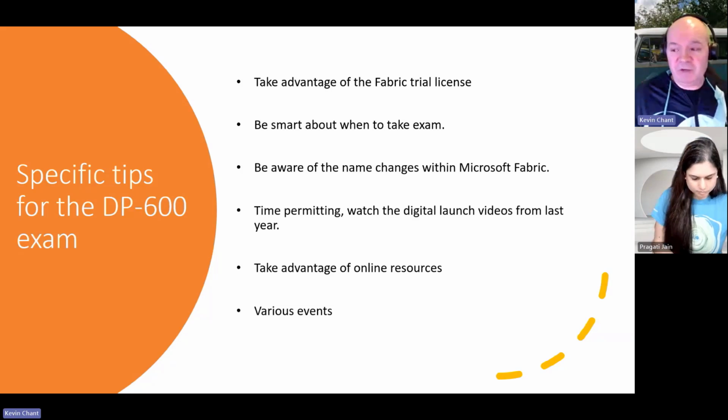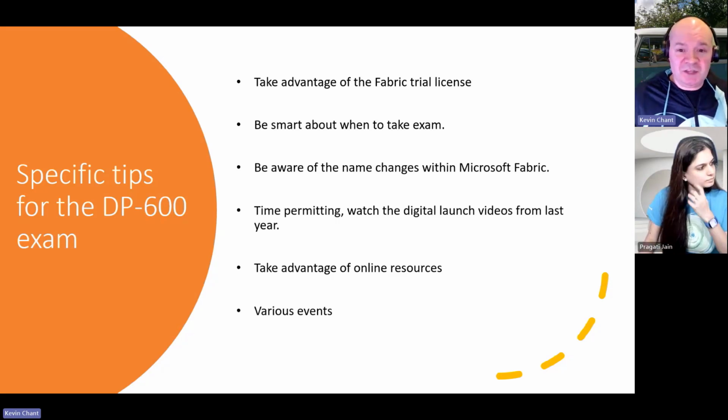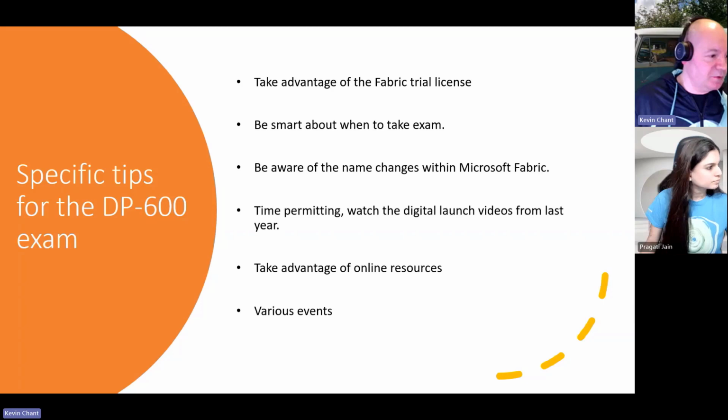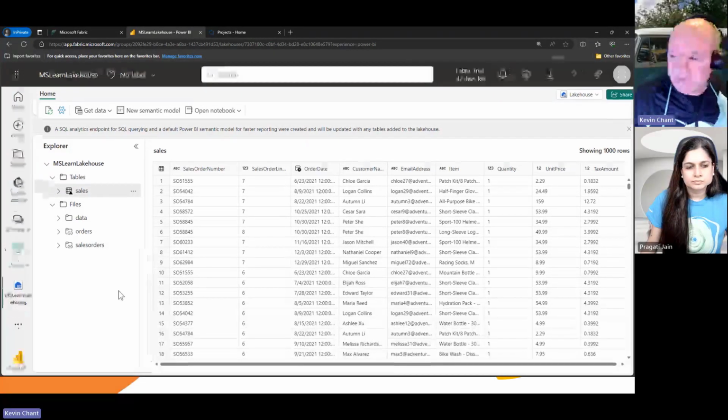So another thing I want to say is to be aware of name changes within Microsoft Fabric. Now and again, there are little things like menu items that get changed. For example, and I can show you this here, if we go into a lakehouse, and I will make this resolution a bit bigger.